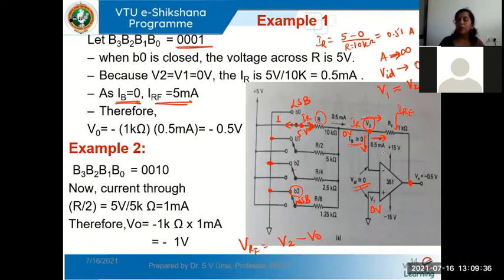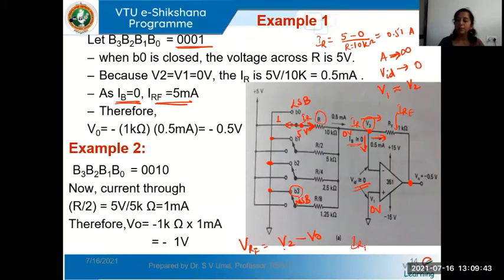V2 minus V0 will be the voltage drop across RF. And I know the current through RF is given as what? V2 minus V0 divided by the resistance RF. The current through RF, IRF, is given as voltage drop divided by the resistance. So I know V2 is 0.